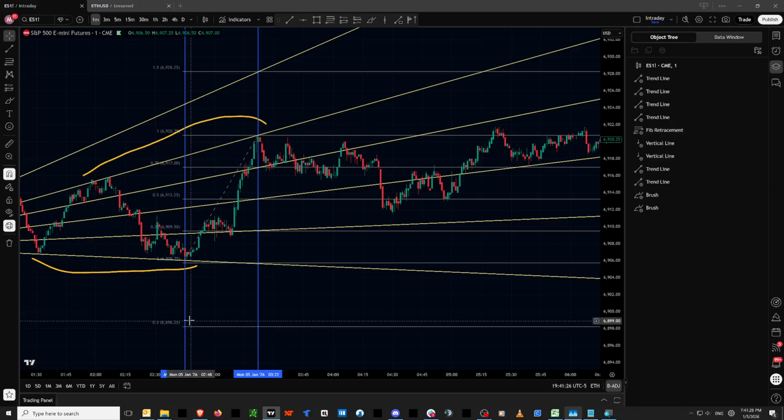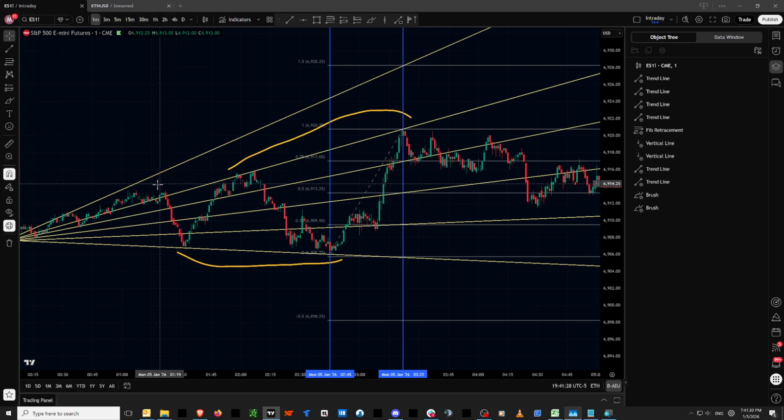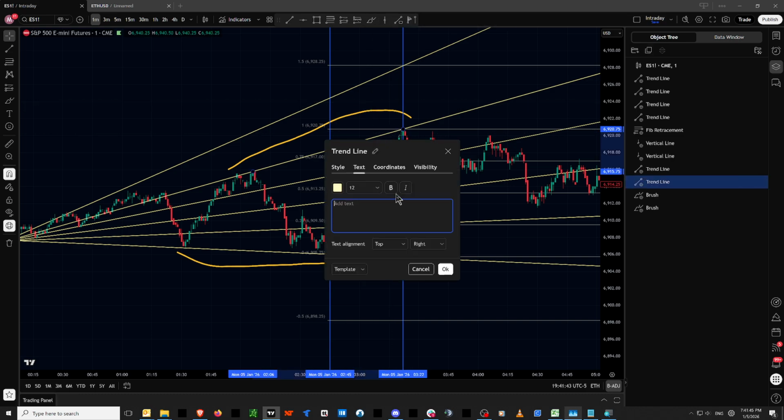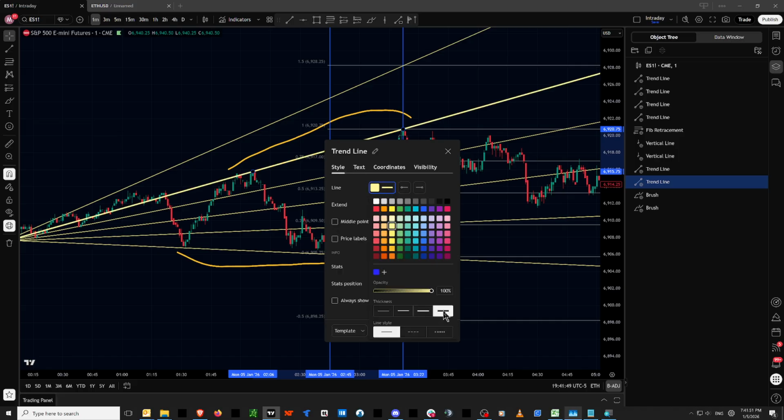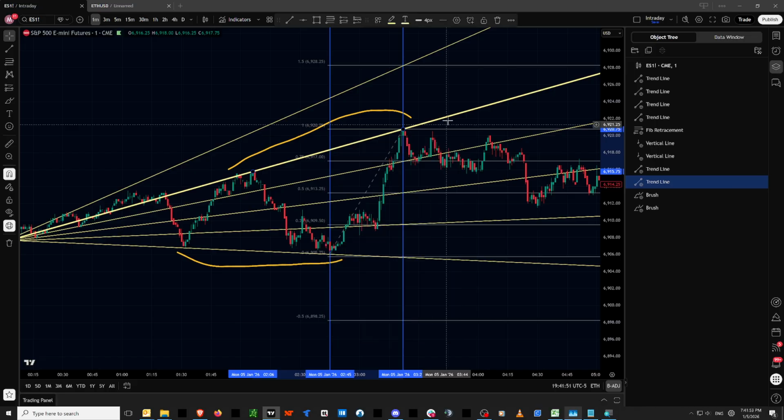broadening formation. What is a broadening formation? It means I had this line right here. Let me mark that. No, that's not the right line. It was this line. Let me do something here, style, like that. That's the first line.